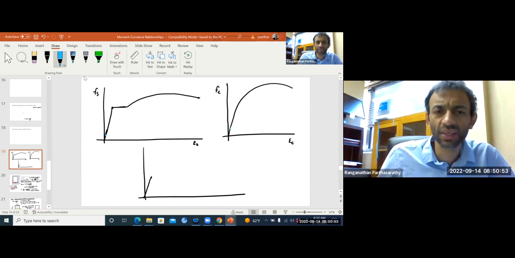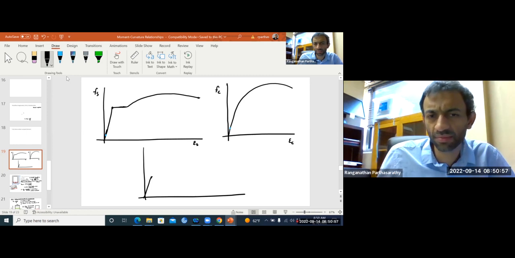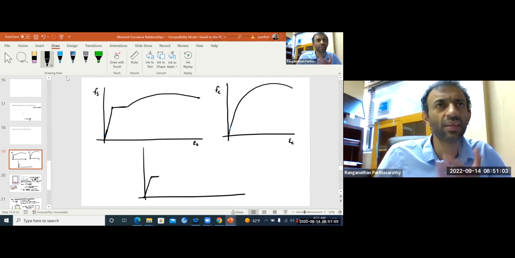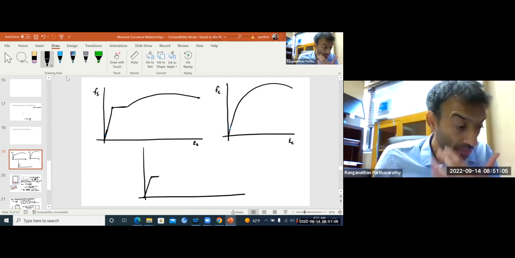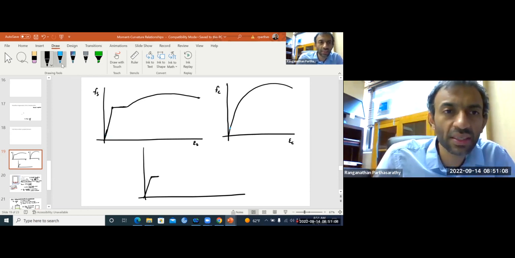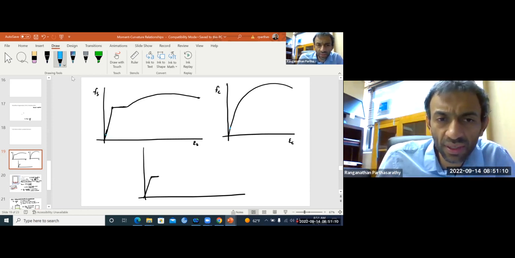Okay, so we are here. Then cracking, just the crack opening. We don't change anything here. The steel stress will go up slightly more.